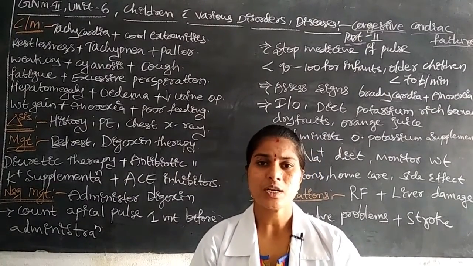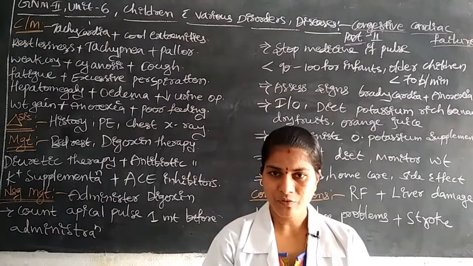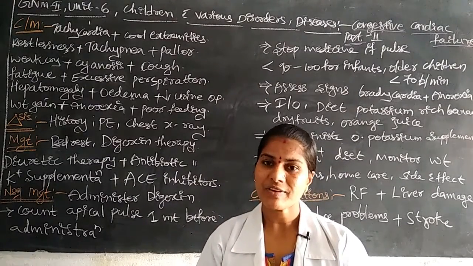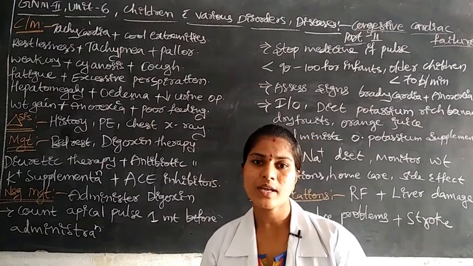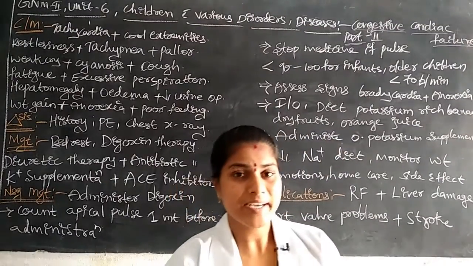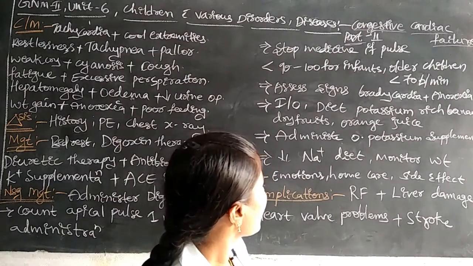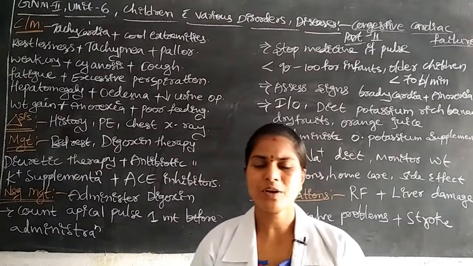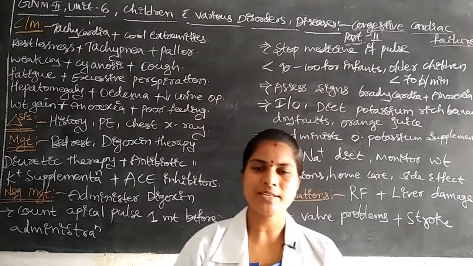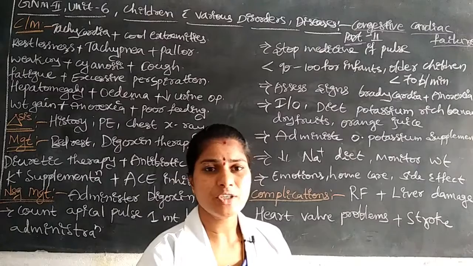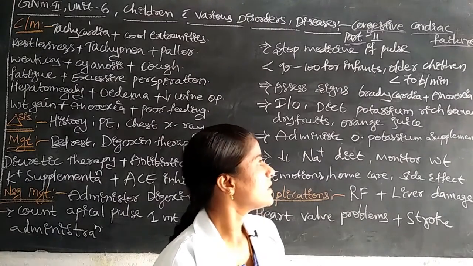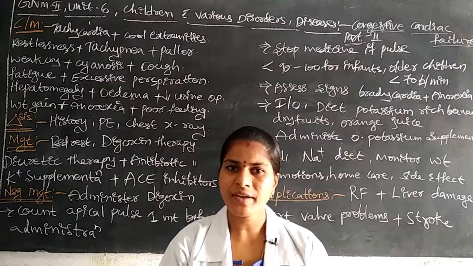Before going to administration, one minute before, we have to assess the pulse rate, whether it is increased or decreased, and then administer the digoxin medication. If the pulse rate is 90 to 100 in infants, infants being the 1 month to 12 months age group, then we stop the digoxin. In older children, if the pulse is 70 beats per minute, we have to stop immediately.